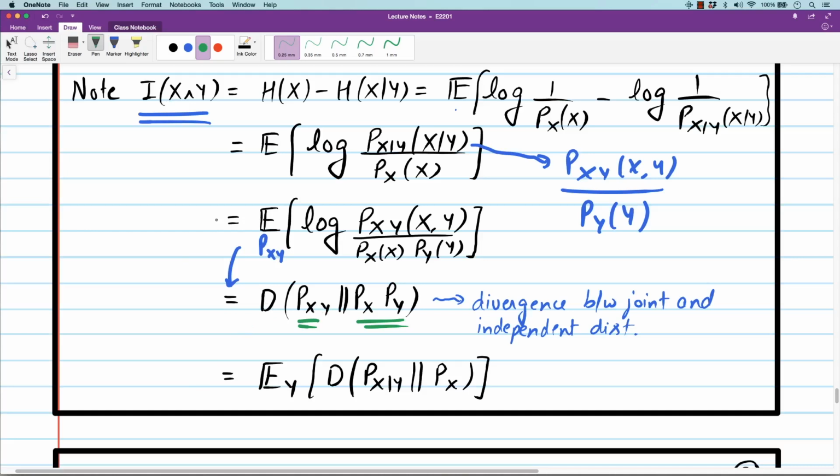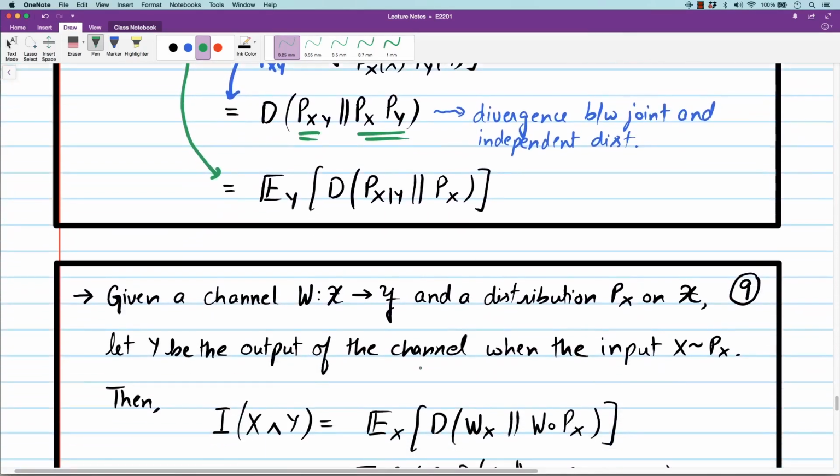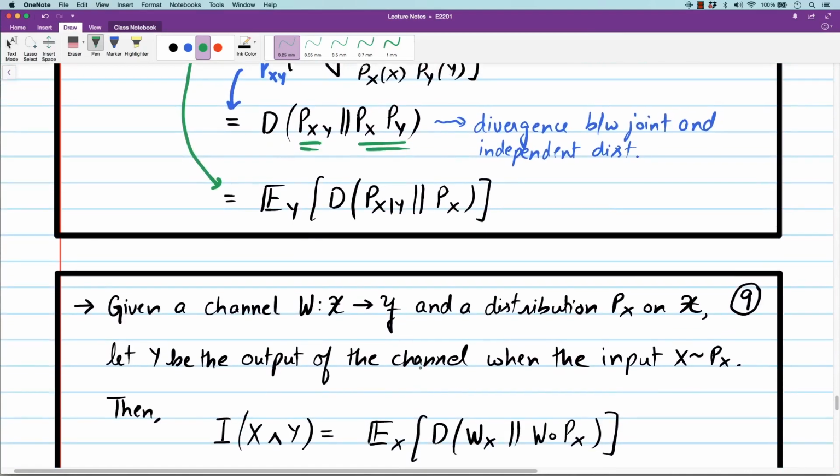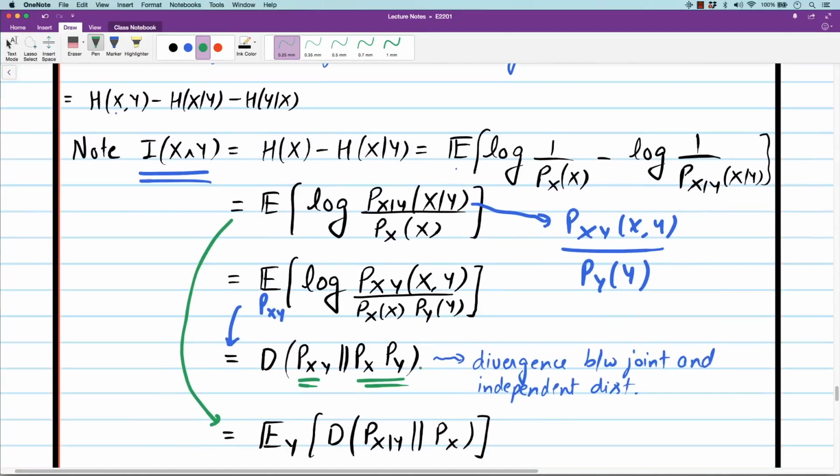You can also alternatively express this mutual information as the average KL divergence between p of x given y and p of x. That's an alternative expression for the same thing. So this notion of information, we have now started to connect it to distances, something we were looking for.